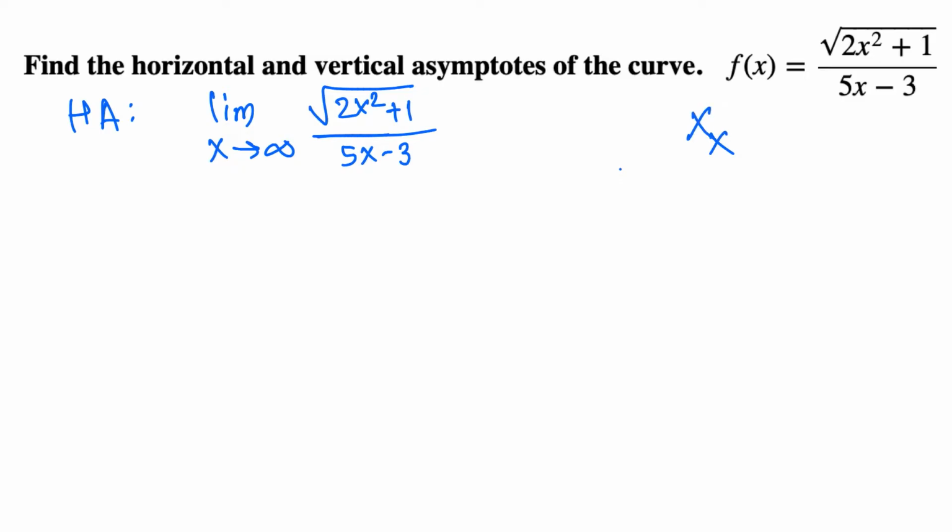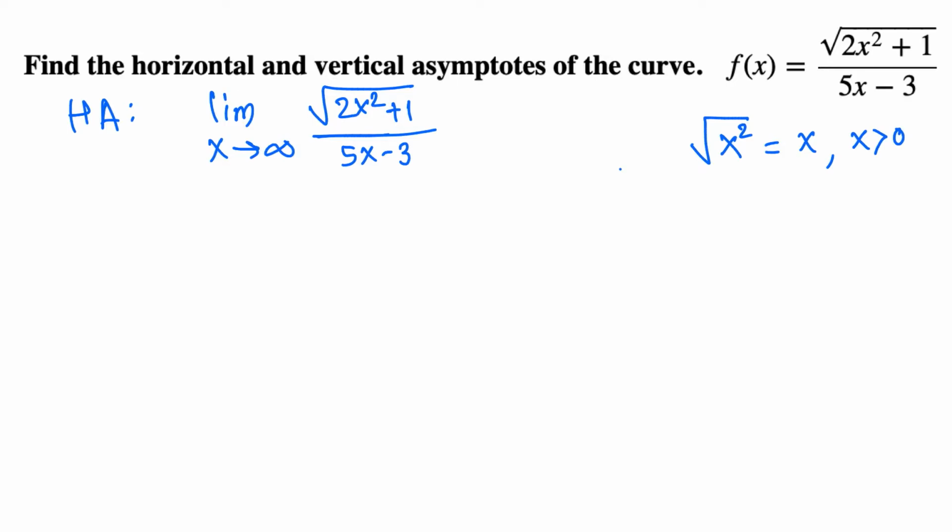And when x is positive, the square root of x squared is just x, because the square root of something should always come out to be a positive number.